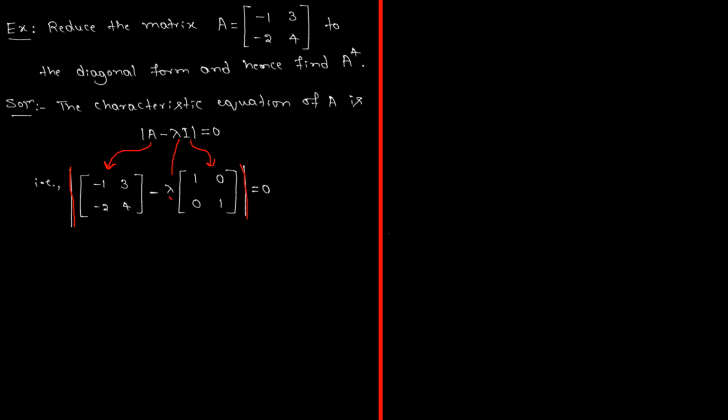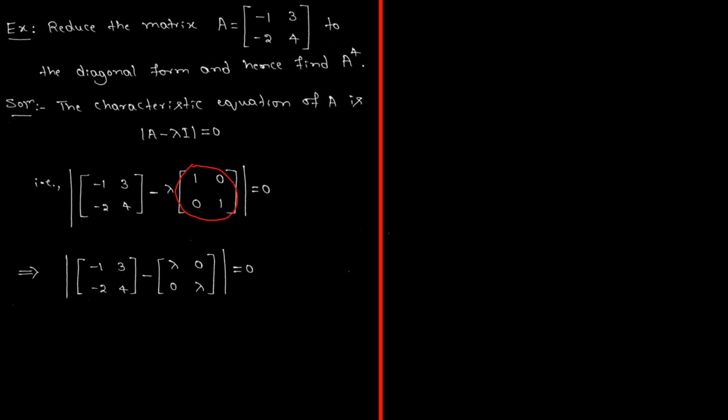Let us multiply this lambda inside the identity matrix to get this matrix. Then we subtract these two matrices.